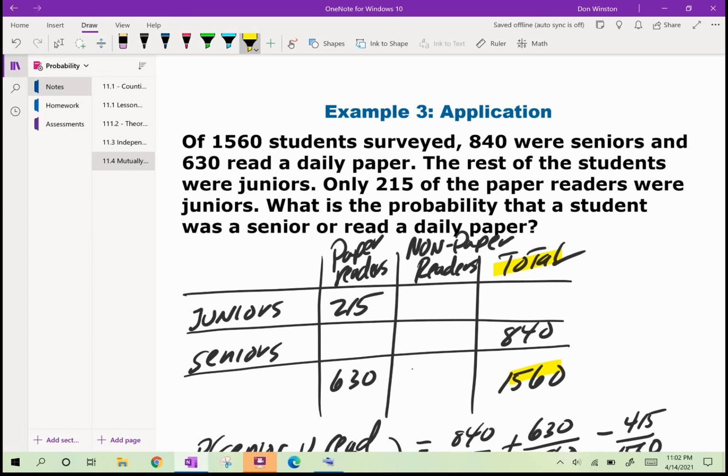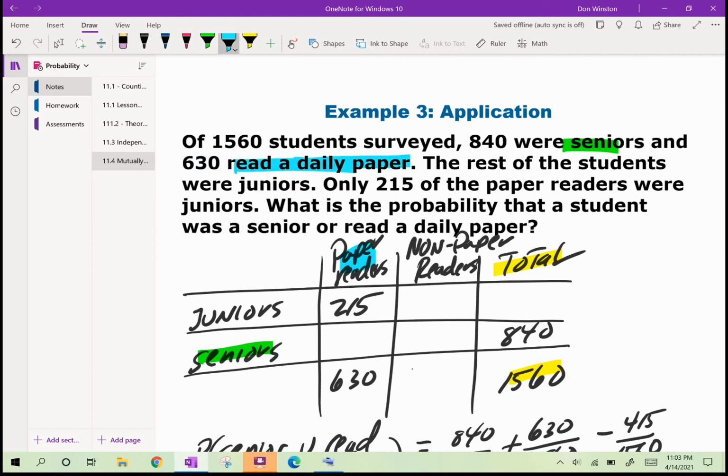Okay, of 1,560 students surveyed, 840 were seniors. There's seniors there. And then 630 read a daily paper. So paper readers here. So seniors and daily paper readers.